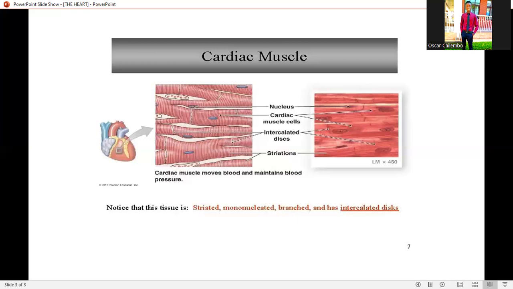Okay, so that was the cardiac muscle, the cardiomyocyte. I hope this video helped to build the background of the cardiovascular system, because if you lack this concept, you can have issues understanding some concepts in the cardiovascular system.